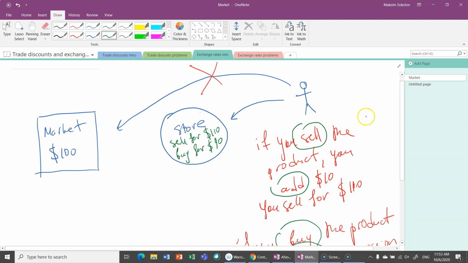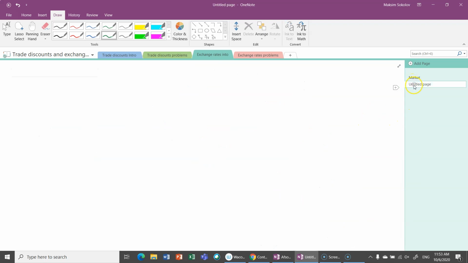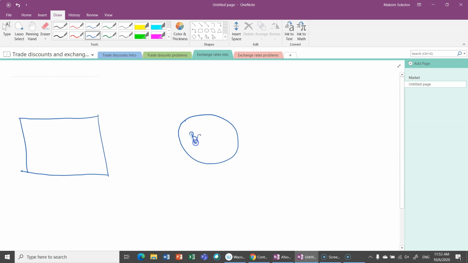So let's keep this example in mind and discuss exchange rates. Exchange rates actually work very similarly. So you have a market, and you are a bank. So you are in the business of buying or selling currency. In this case, it's a bank, and the bank has access to the market. And the market has an exchange rate.